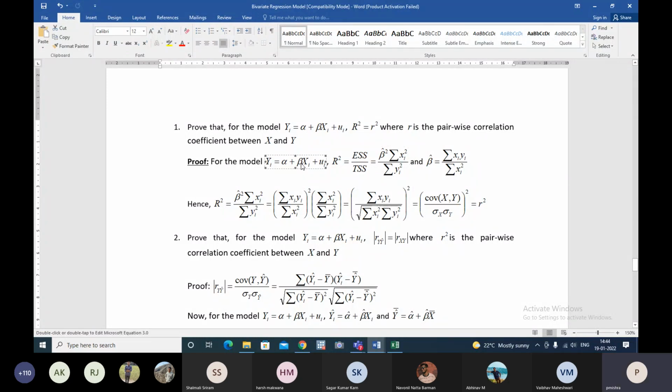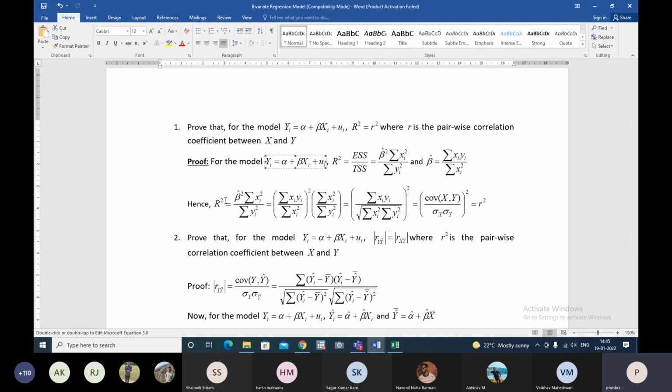For a multiple regression model, when we have more than one independent variable, this relationship will change. Again, we'll prove that in the class, how the relationship between pairwise correlation coefficient and this capital R square, or goodness of fit, will change when we switch over from a bivariate model to a multiple regression model.